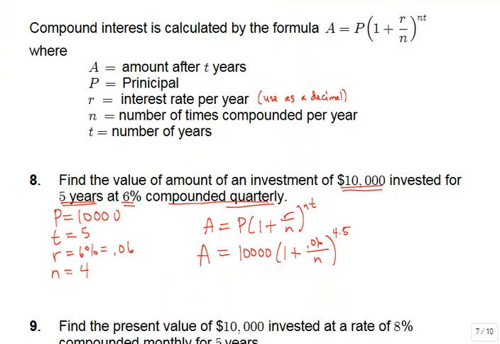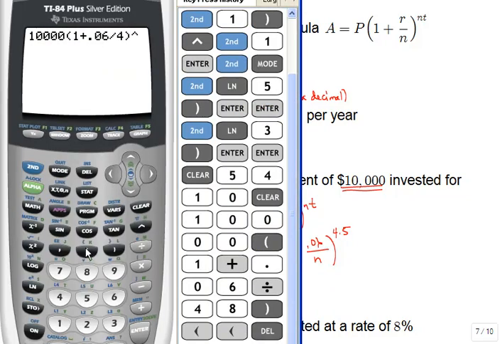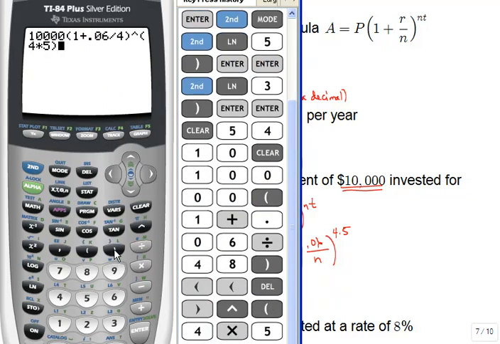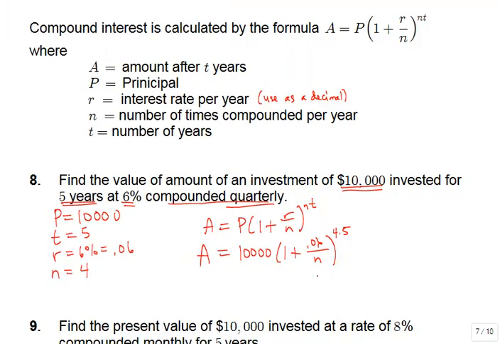You either want to multiply this in your head, 4 times 5, and just type in a 20, or else use parentheses 4 times 5 so that both of those are up in the power, and hit enter, and we get 13,468. And because this is money that we're talking about, you want to round off to 2 decimal places. So this would be $13,468.55 in our account after 5 years.